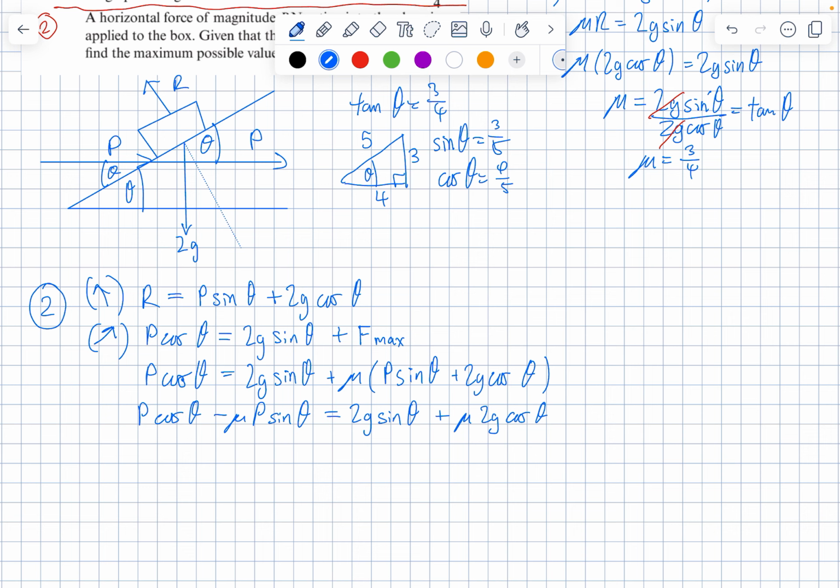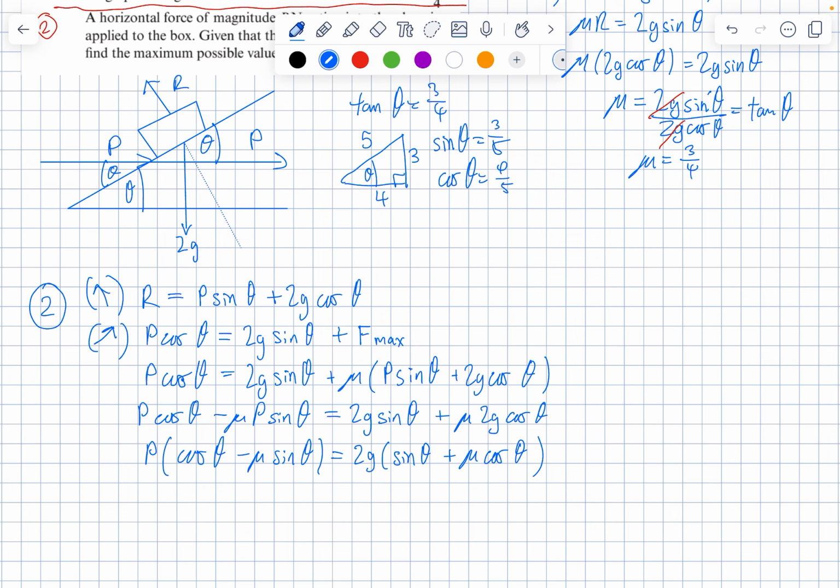Okay, so now let's take P out. So we'll factorise P out. P times cos of theta minus mu sine theta. And my common factor on the other side is 2g. So I've got 2g times sine of theta plus mu cos of theta. Right, okay, that's fairly tidy.